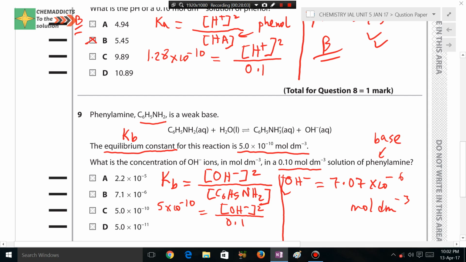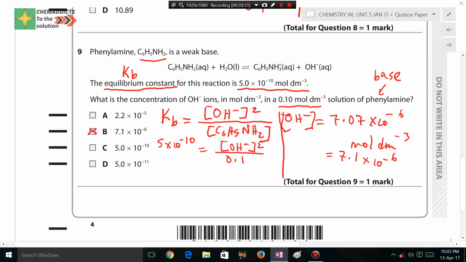So if we work it out, we're gonna get the concentration of hydroxide ion. Let's match this with the answer. If we round this off, it is gonna be 7.1 into 10 to the power minus 6 mole per dm cube, which matches with this answer, which is B. So the answer for this question is B.